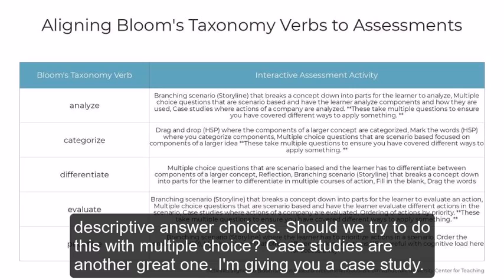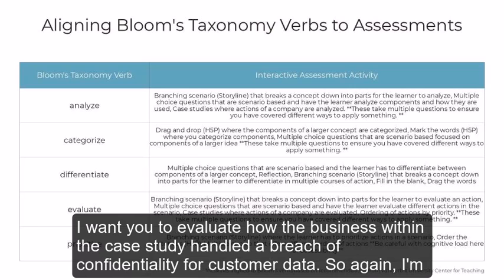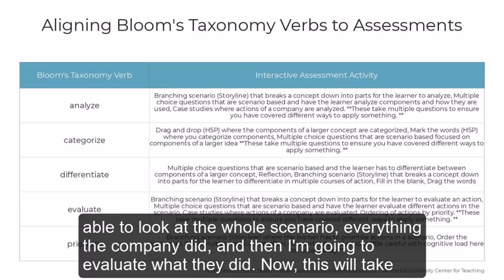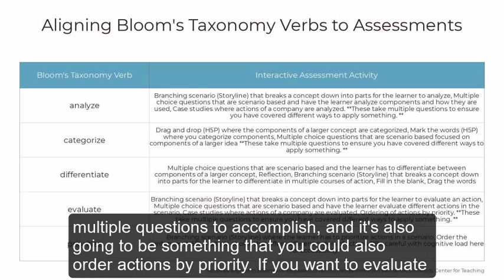Case studies are another great one. I'm giving you a case study. I want you to evaluate how the business within the case study handled a breach of confidentiality for customer data. So again, I'm able to look at the whole scenario, everything the company did, and then I'm going to evaluate what they did. Now this will take multiple questions to accomplish, and you could also order actions by priority.